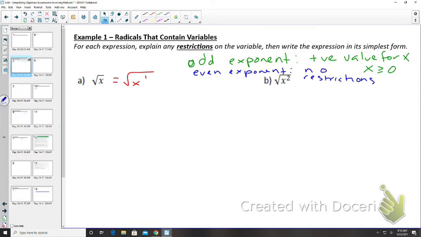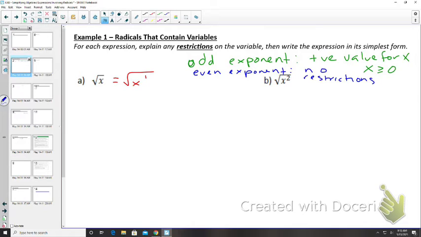That's a positive number. Okay, but if it is an odd exponent, we need to have a positive value for x. Because if our x was -6 to the 1, then we're trying to take the square root of -6, which we cannot do. Okay? So that's important.